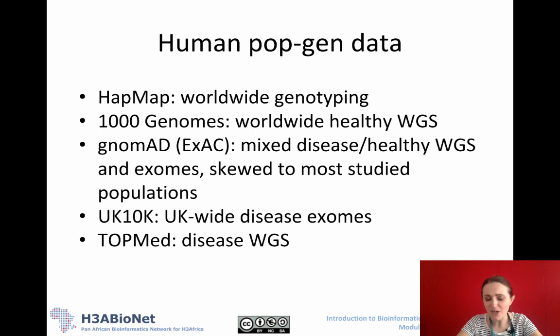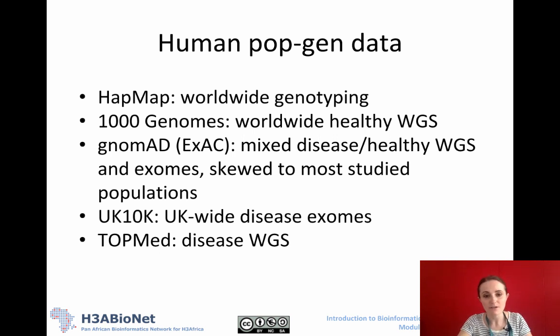So this means they have vast numbers of variants and vast numbers of individuals for which they can calculate frequencies, but it is skewed to the most studied population. So by a long way, the majority of data in Nomad and EXAC is from European individuals.